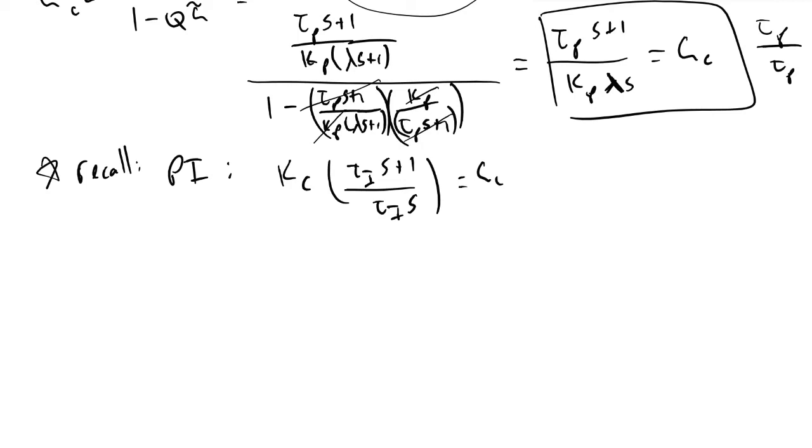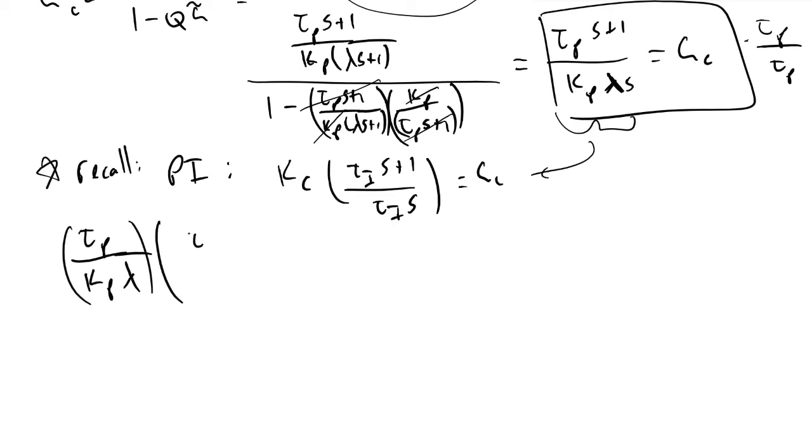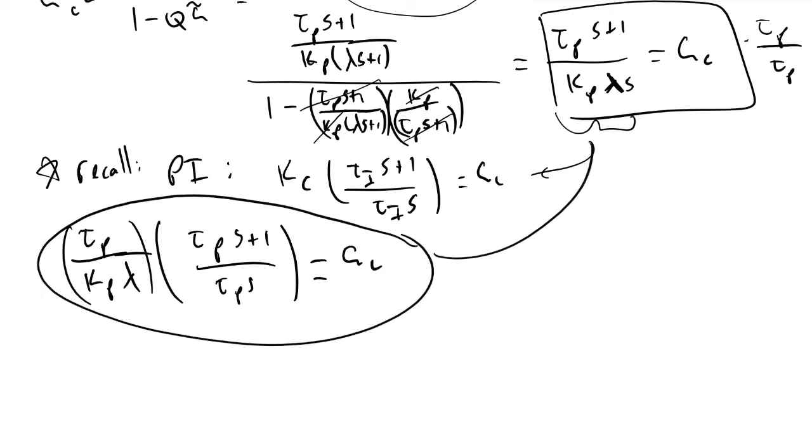So by multiplying it by tau p over tau p, what we'll find is that tau p over Kp times lambda times tau p s plus 1 divided by tau p s will be equal to Gc. These two forms are algebraically equivalent, and that is the main point here.